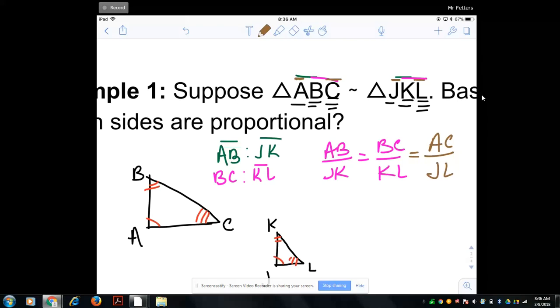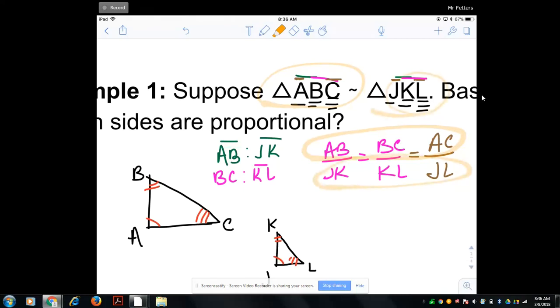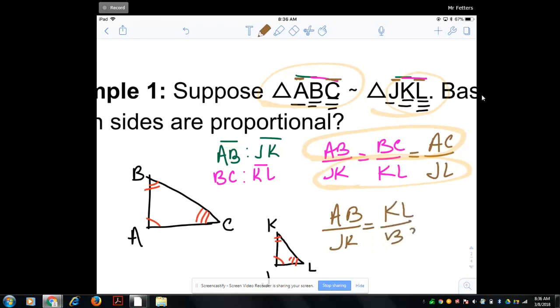Now, one thing about it, when you take a look at this, this is very important. I have this triangle listed on top, and it has to be all the same. I have this triangle listed on the bottom. I couldn't flip this around. I could not say AB over JK is equal to KL over BC. That would not be equal because the triangle that I start with and the naming is a triangle I have to keep first.